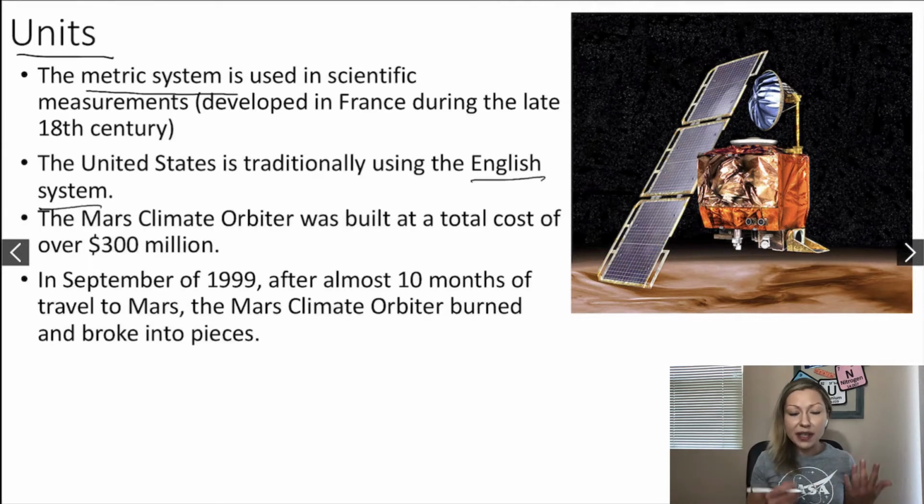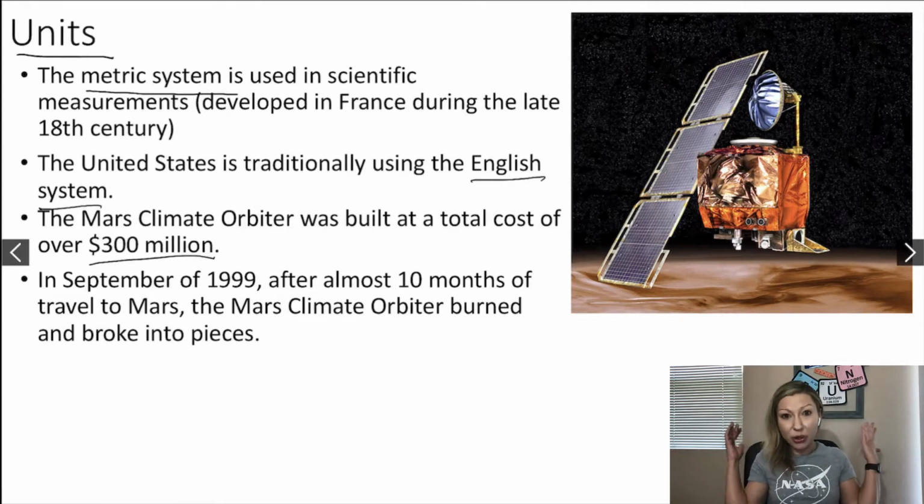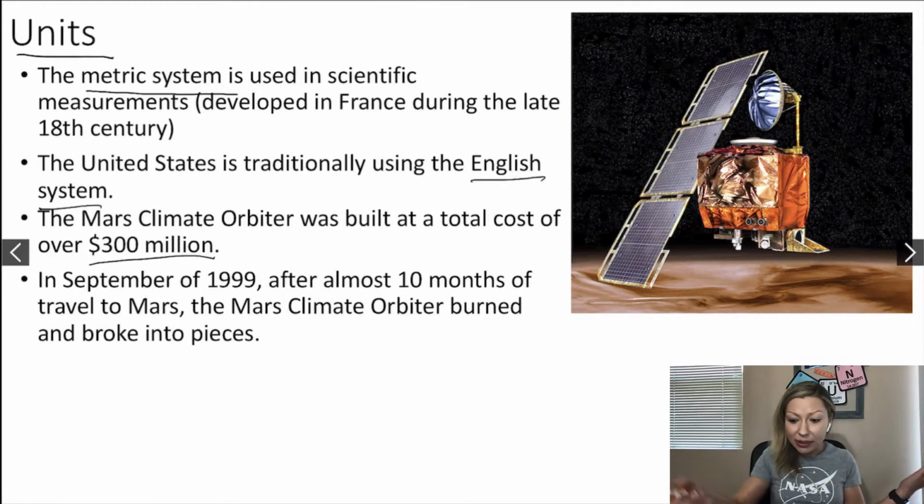So there was a Mars climate orbiter which was built at a total cost of over $300 million, and in September of 1999, after almost 10 months of traveling to Mars, it just burned and broke into pieces. What happened?